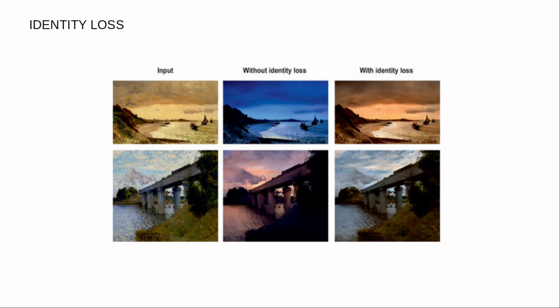And another very important concept of CycleGAN is the concept of identity loss. So let's look at this image. Here the original input is here, and this second column represents the result without identity loss, and the third column represents the final result from CycleGAN with identity loss.